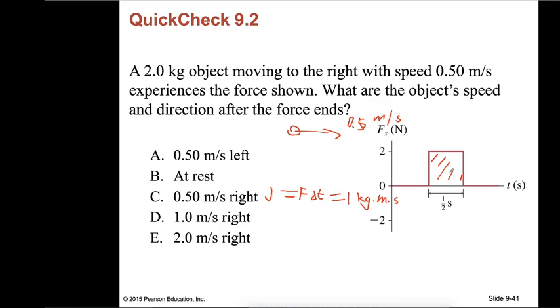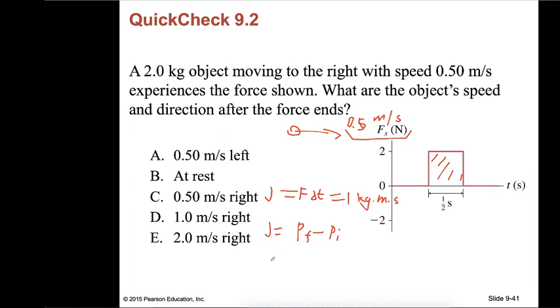And the impulse is positive, which means the right direction. And then impulse equals P final subtracted by P initial. Now we know the V initial, so we can calculate the P initial.